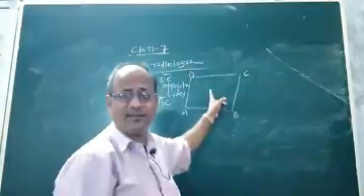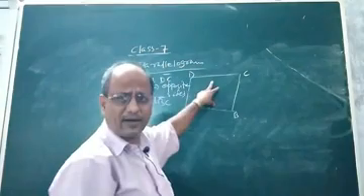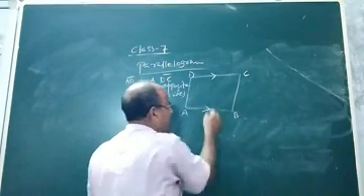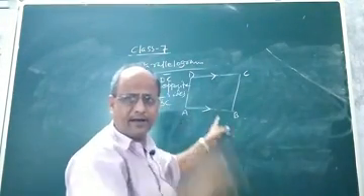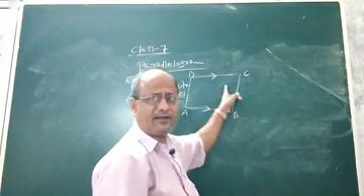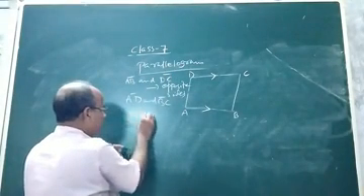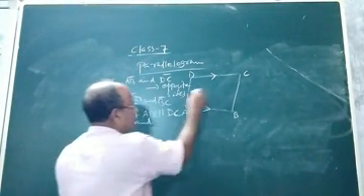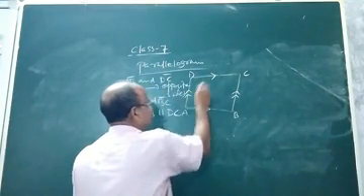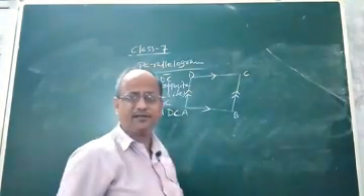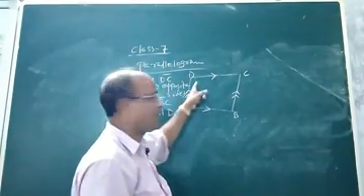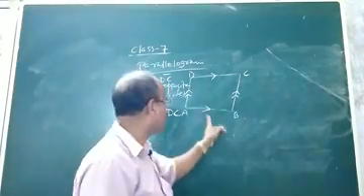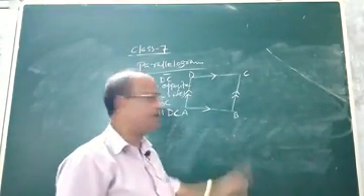Now the point is, under what condition will we call it a parallelogram? This quadrilateral we will call a parallelogram if AB is parallel to DC, and also the other pair, AD and BC, are parallel. The arrow symbol indicates parallel. If both pairs of opposite sides are parallel, then we call it a parallelogram.